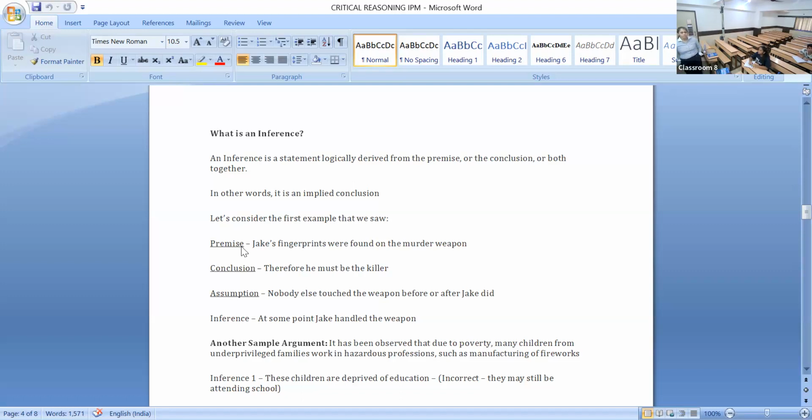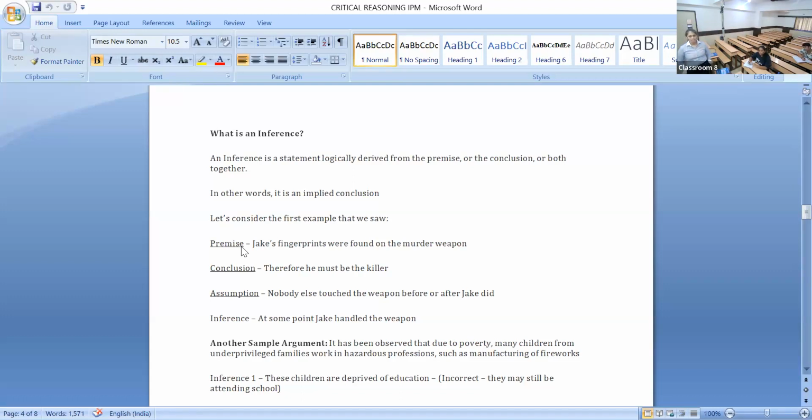So we saw the first example. Satvika, you read out the examples, please. Jake's fingerprints were found on the murder weapon. Conclusion: therefore, he must be the killer. Assumption: no one else touched the weapon before or after Jake did. Inference: at some point, Jake handled the weapon.